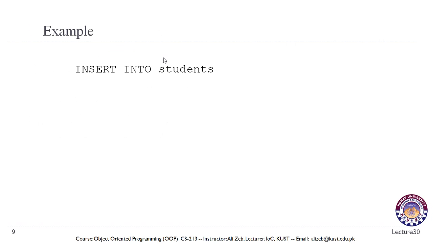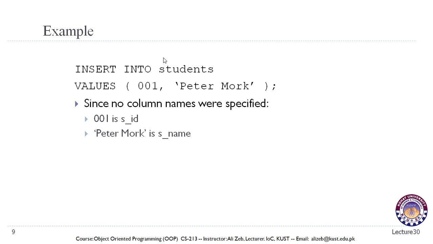An example of an insert statement can be insert into students values 001 Peter Mark. Now in this case we are not providing the names of the columns, so we can directly insert values into the columns, but in the order in which we have created the columns in our table.